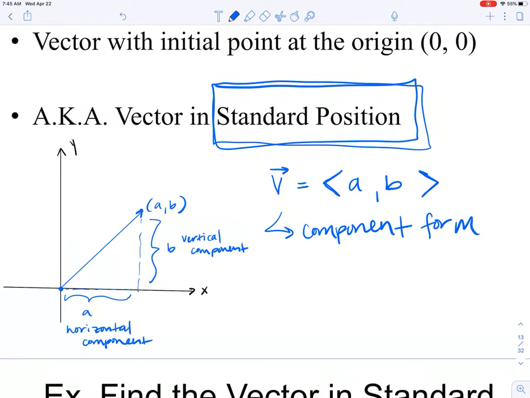Now A just corresponds to the x-coordinate of the terminating point of the vector that's in standard position, and B corresponds to the y-coordinate of that terminating point.